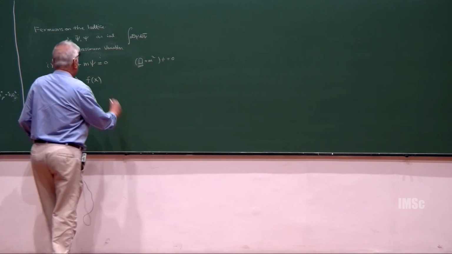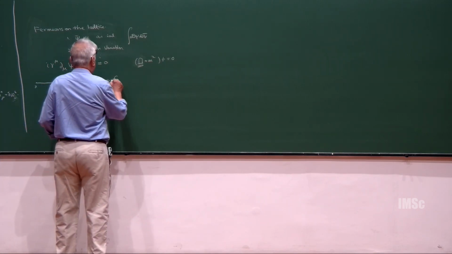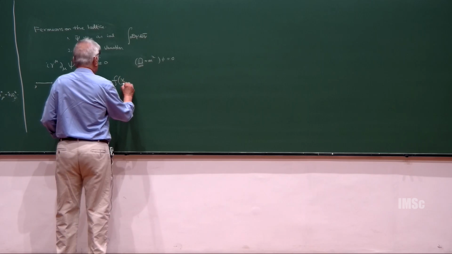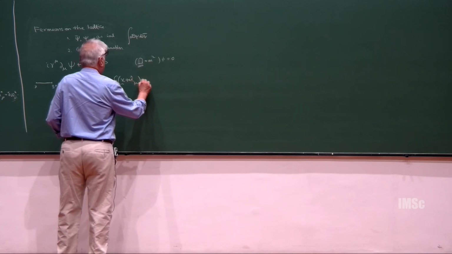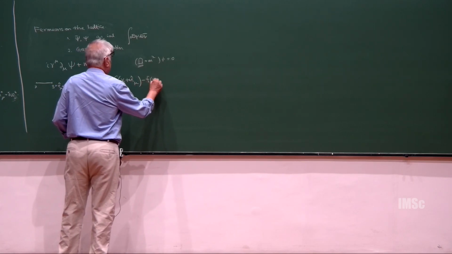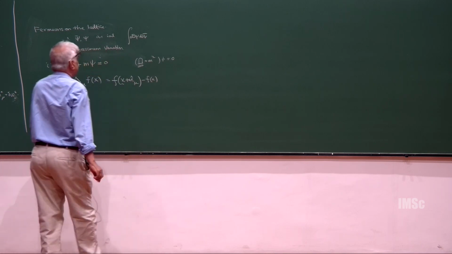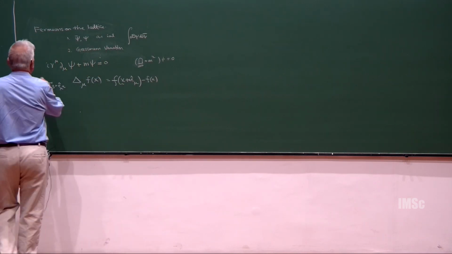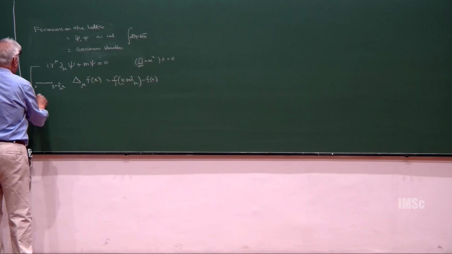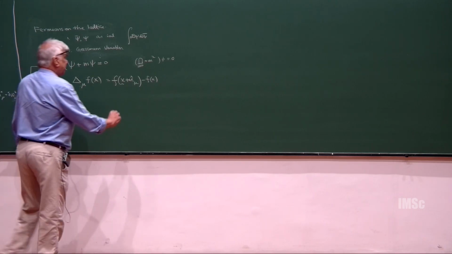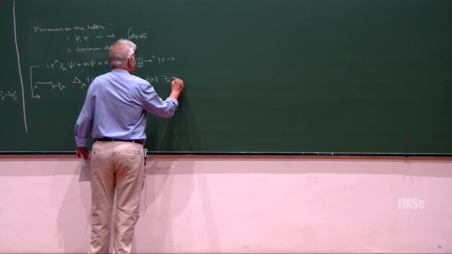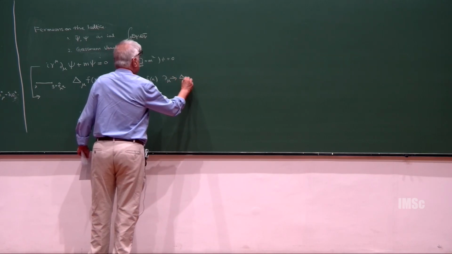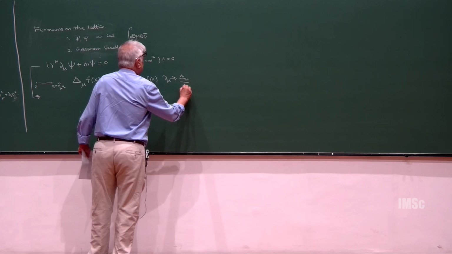And so the forward difference is simply f of x plus e mu a minus f of x. So if I do that, then the derivative will be replaced by the forward difference divided by a.